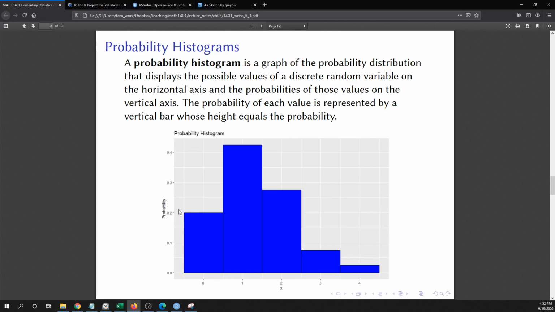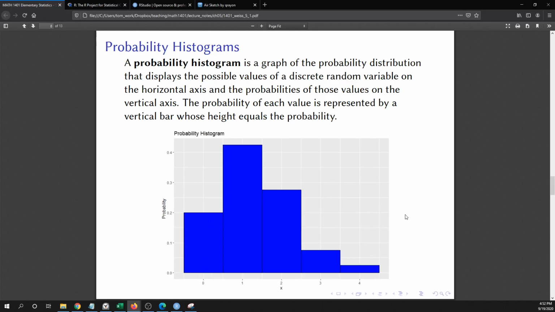Now it might not be exactly 0.2. It might be a little bit more, it might be a little bit less, because this is based on chance. We can't say for certain what value we're going to get. So sometimes maybe you got really unlucky and got a bunch of zeros in a row.